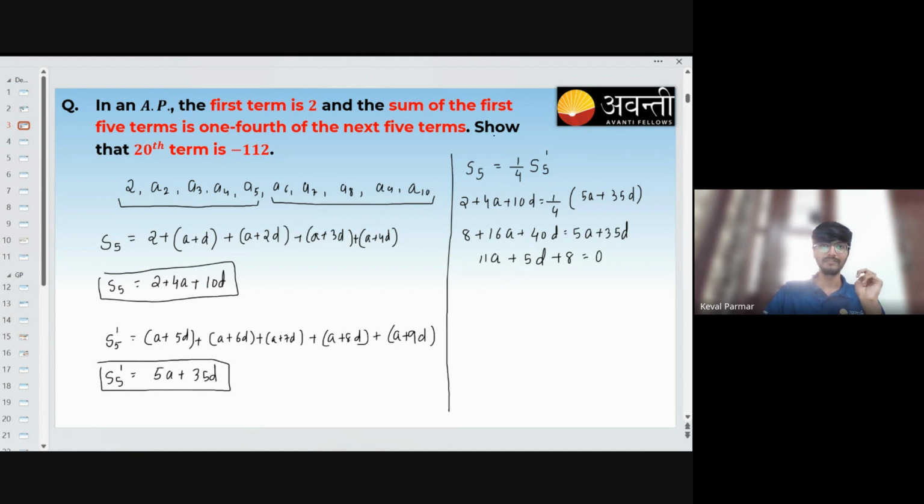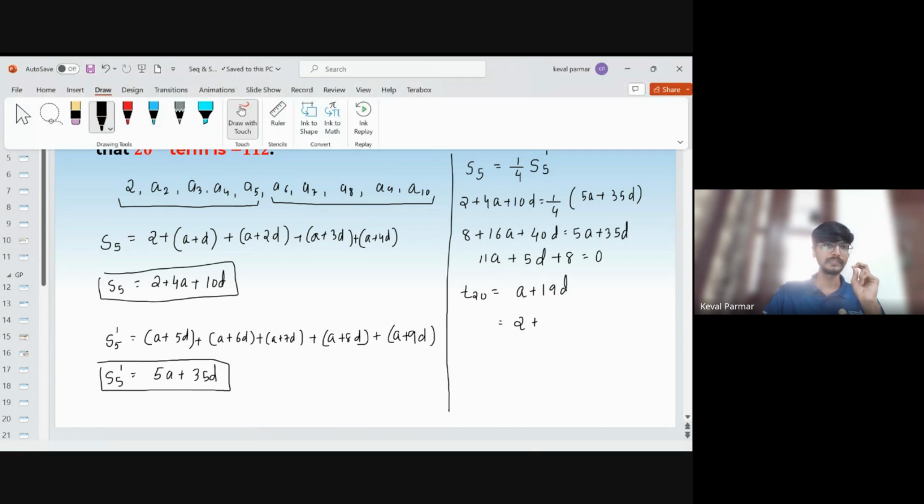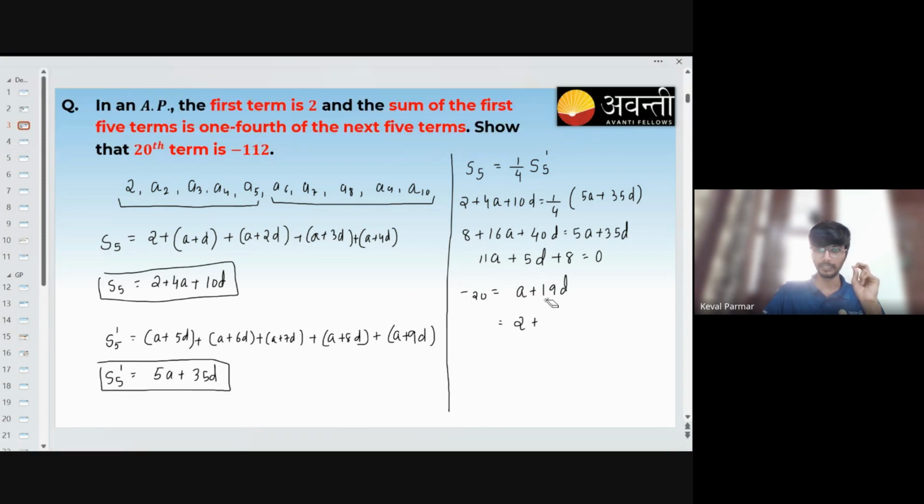So now I have to find the 20th term. So what is my 20th term, guys? It is T20. Right? T20 will be A plus 19 into D. So what is A? A is 2 plus. Okay, 1 second, I think we missed something here. Yes, we can substitute the value of A, right?